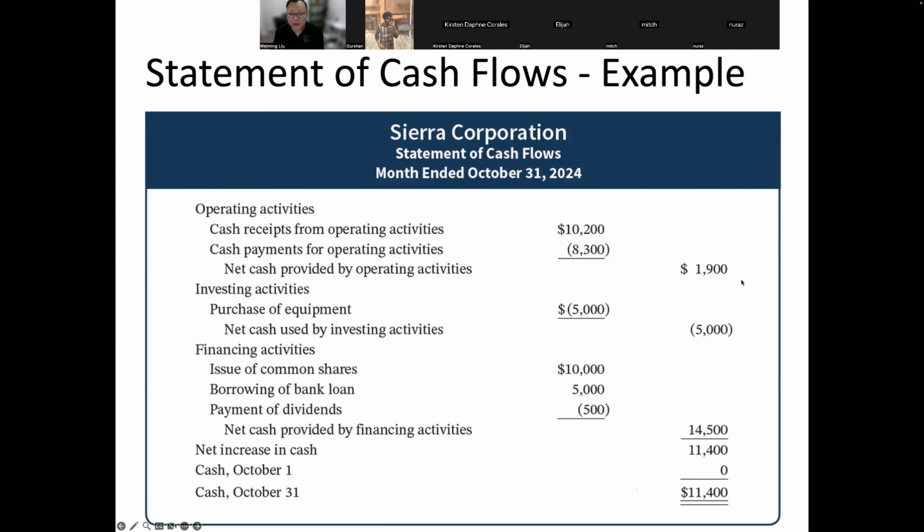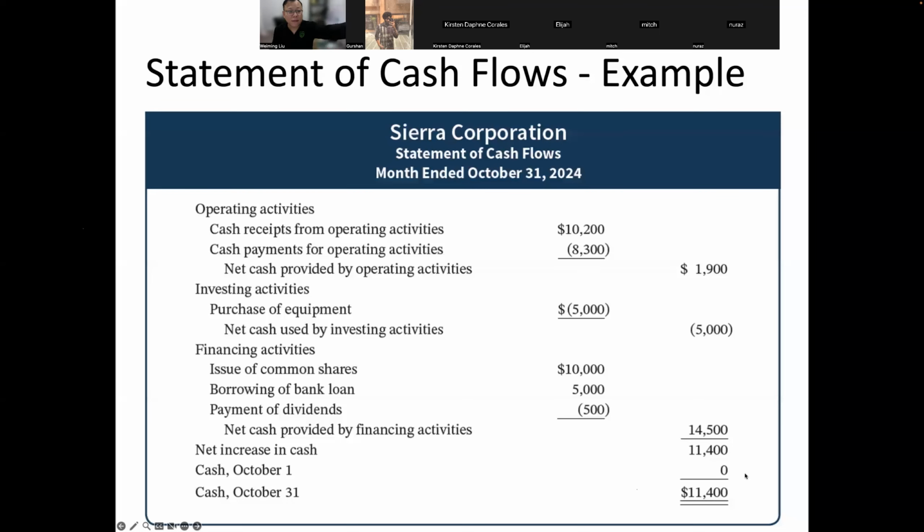So 1,900 comes from the operations, and they use $5,000 to invest into equipment. Well, it's a new business, you better buy the asset, right? And then what are the other cash coming from? It's mainly from financing. You borrowed money from the bank and you issued common shares. So that's how this 11,400 balance is explained.